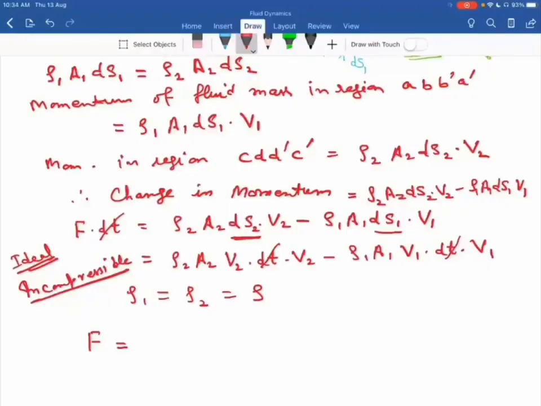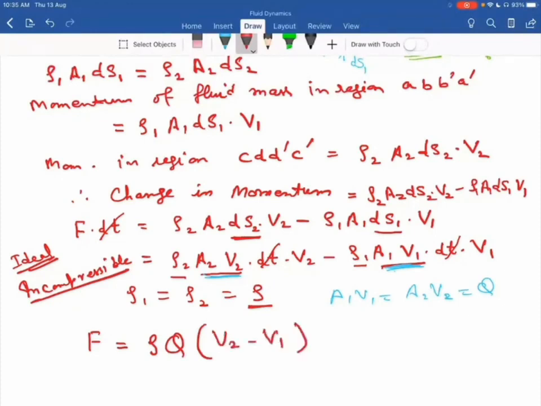F you can write as now density common take it out rho 1 equal to rho 2 that is rho. ठीक है now A1 V1 equal to A2 V2. ठीक है that is discharge. So I write A1 V1 equal to A2 V2 equal to Q. ठीक है so Q I take outside rho Q और ब्रैकेट में आपके पास रह गया अब V2 minus V1. ठीक है ये इक्वेशन रह गया आपके पास.